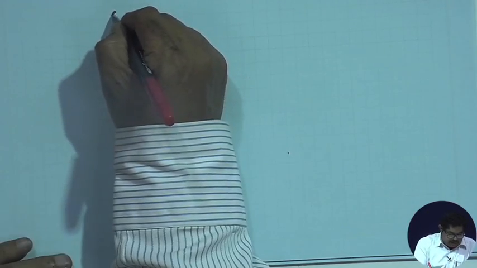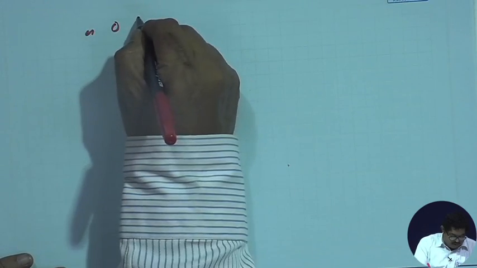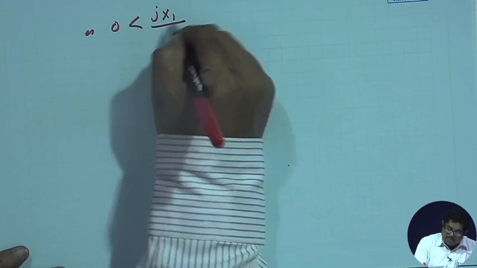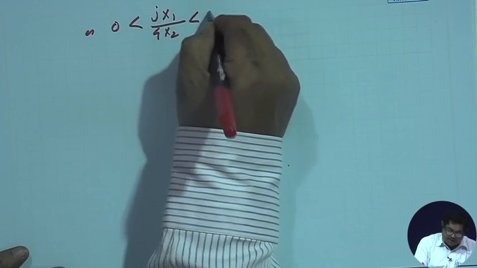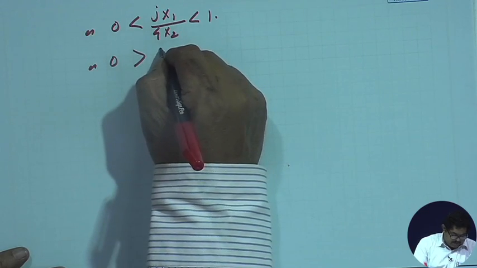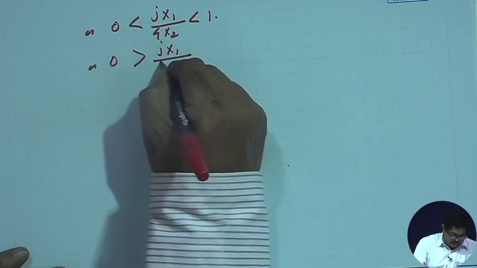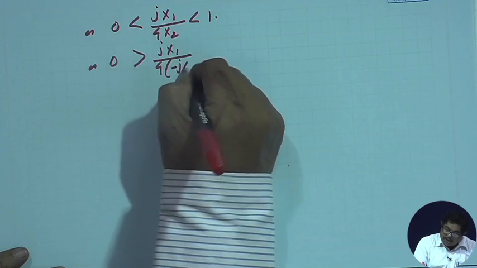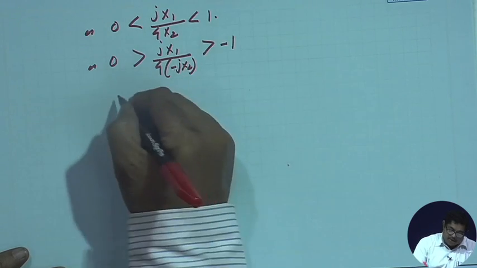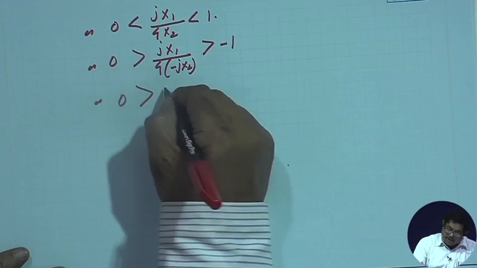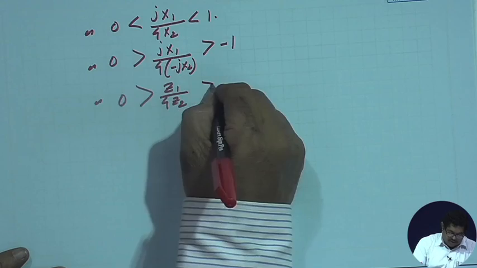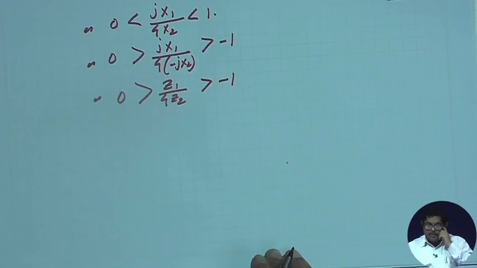Or I can say 0 less than jx1 by 4 jx2 less than 1, or 0 greater than jx1 by 4 (minus jx2) greater than minus 1, or 0 greater than Z1 by 4 Z2 greater than minus 1.